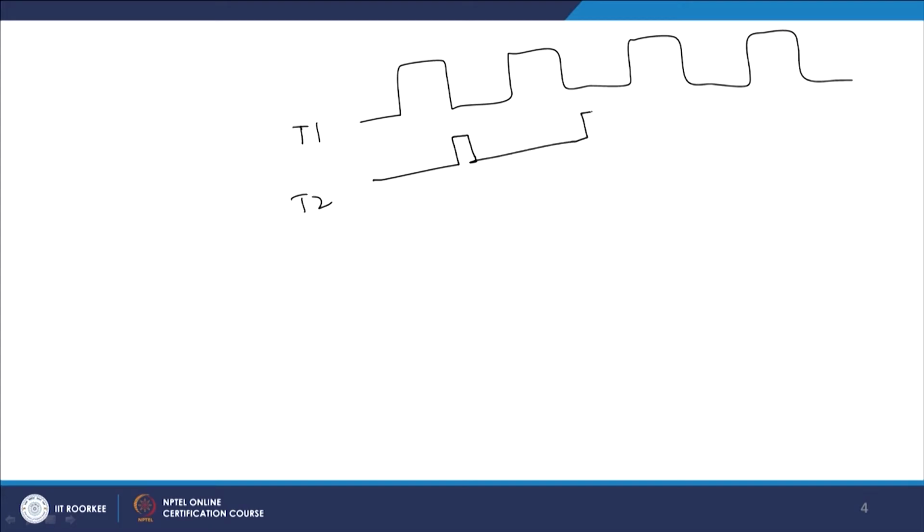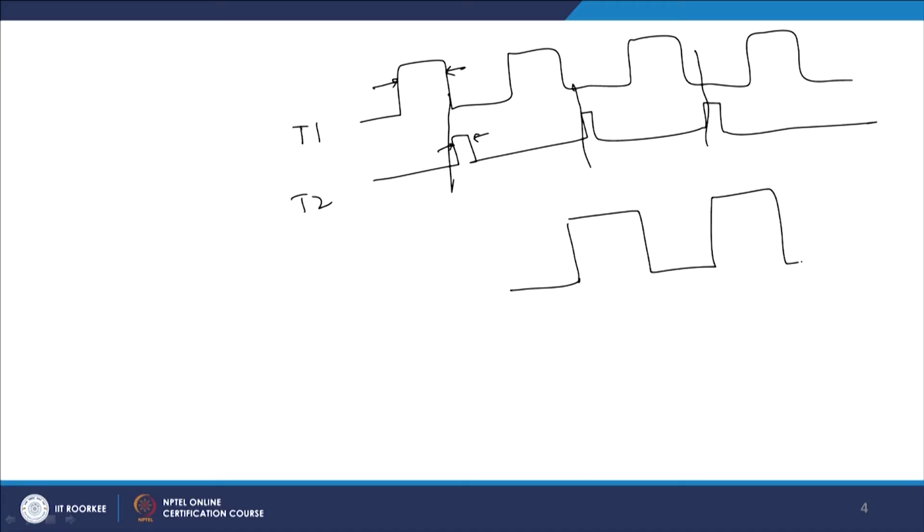Its clock, so something like this you get, which means that not only its pulse width is different, but its phase is also different, though they are maintaining the constant phase difference, because this is also, let us assume this to be true, then they are maintaining exactly the same clock phase difference, but they are not exactly the same clock, which means that there is a difference between this clock and exactly this clock.